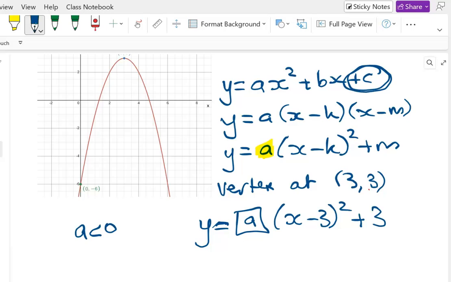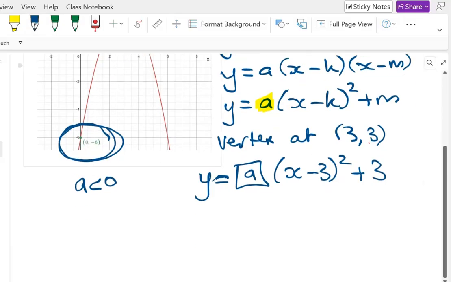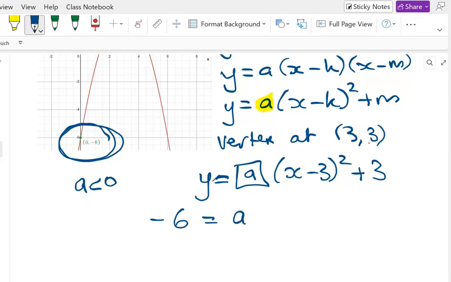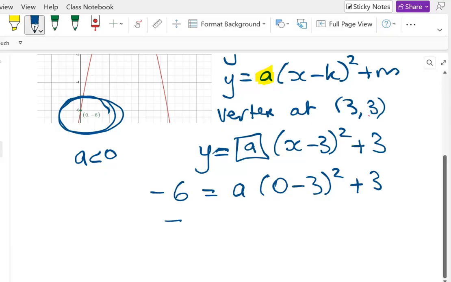To figure out that stretchy scale factor, we're going to use another point, and the point here is (0, negative 6). So we know that negative 6 is on the curve for y when the x is 0. So negative 6 is equal to a times (0 minus 3) squared plus 3. So negative 6 is equal to 9a plus 3.